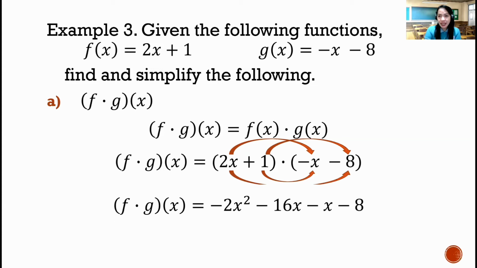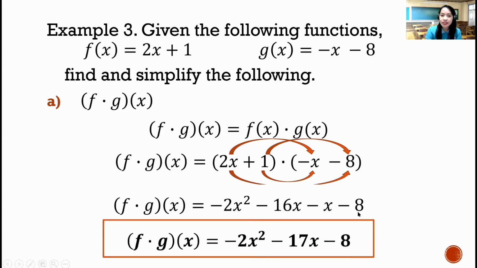So after that, we're going to simplify or add like terms. Kung may mga like terms. Kung wala naman, you have to rearrange na lang the terms. So here, ang mga like terms, we have negative 16x minus x. Ang degree niya ay 1. Itong negative 2x squared and minus 8, just copy them.